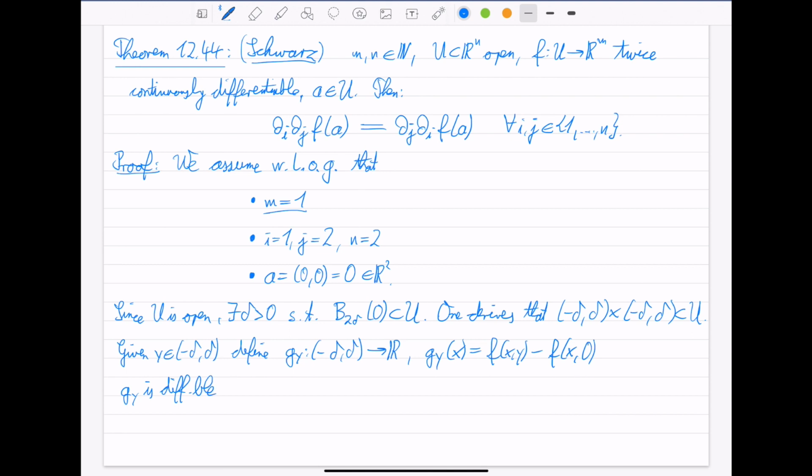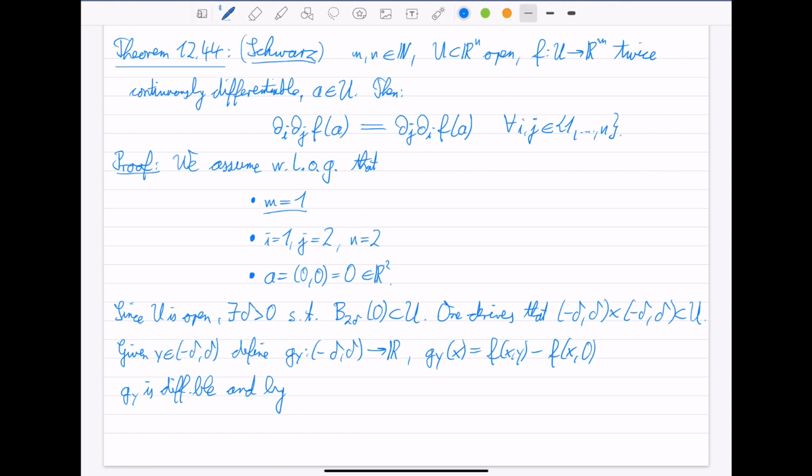And simply by properties of derivatives and the definition of this, we see that this map is really the one, if you consider this in the variable x and derive it by x. This means this would be the partial derivative in the first component of this term, and here we would get the first partial derivative of this term.